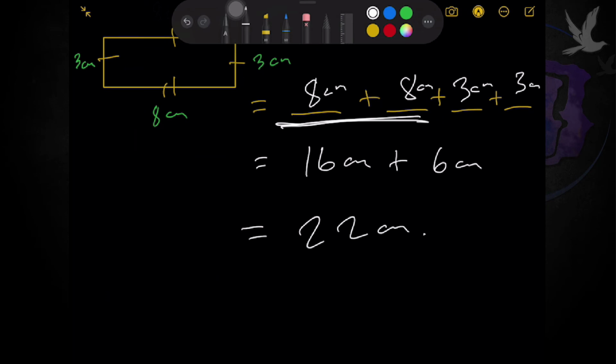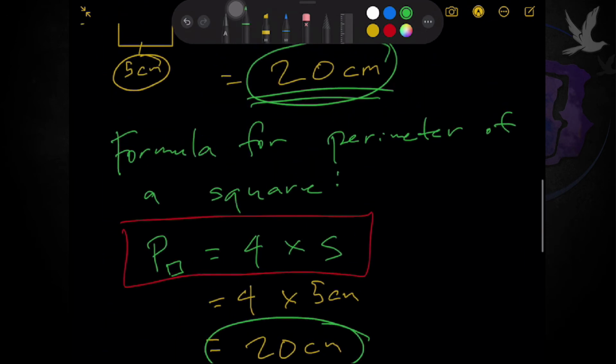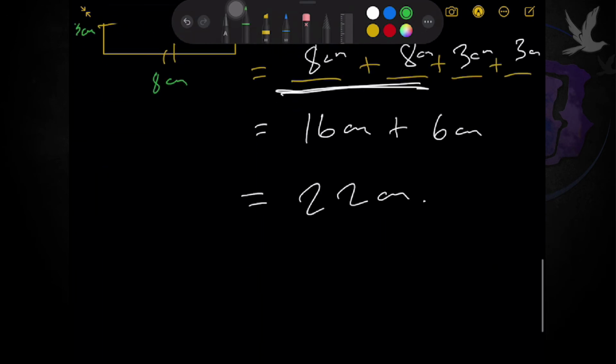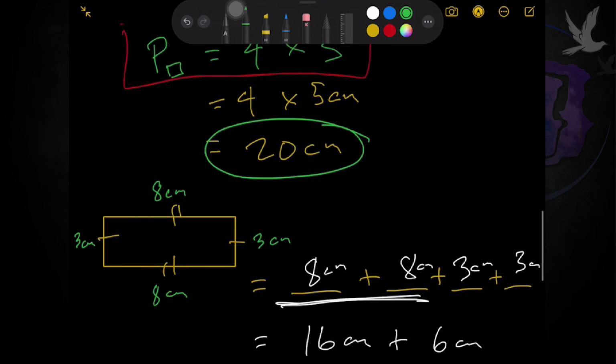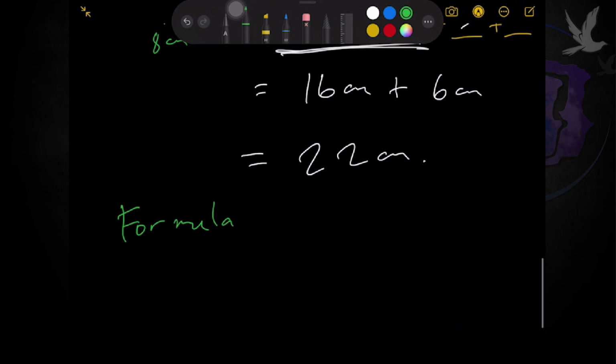I mean, adding it. Kung may formula for solving for the perimeter of a square, there is also a formula for perimeter of a rectangle.